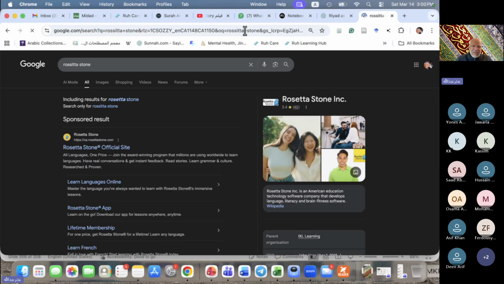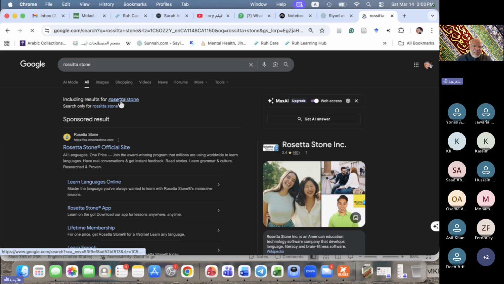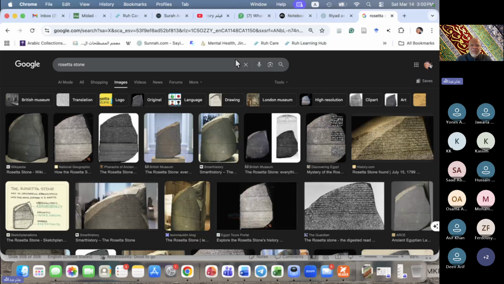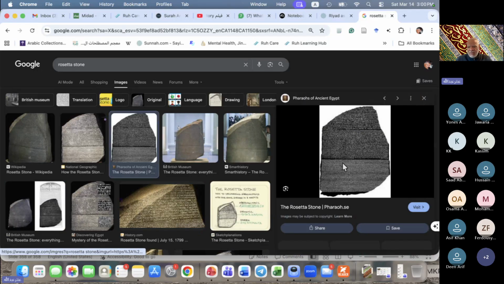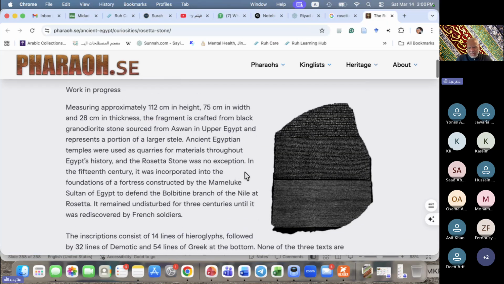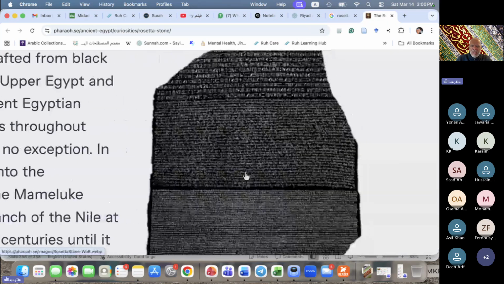And it has now come to be like a sign for different languages of the world. So whenever they refer to the Rosetta Stone, this means languages. It was a very old relic left by the ancient Egyptians.